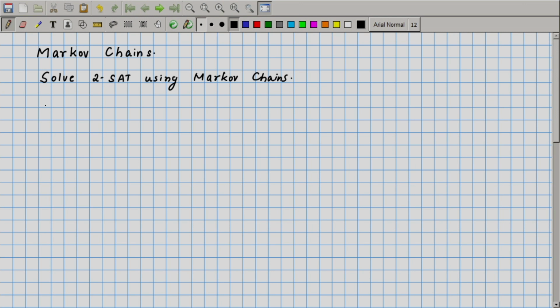So, first we will see what a stochastic process is. A stochastic process is nothing but an indexed sequence of random variables.